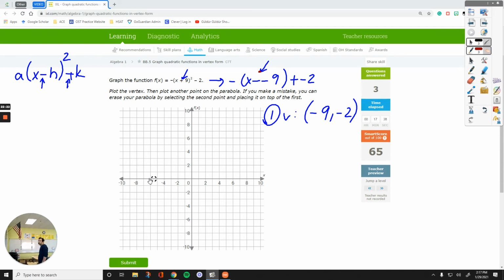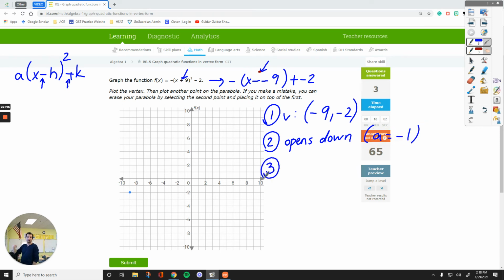So the first point is negative 9, negative 2. Now the graph, let's see if it's going to open up or down. The first number is, where's that? In front of the parentheses I have a negative 1, or negative. Cos a equals negative 1.